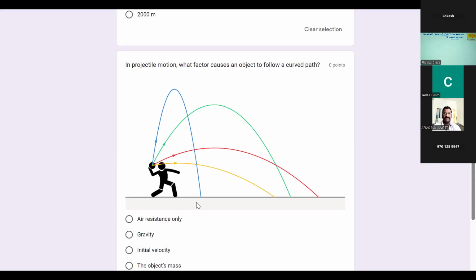Any other response? In projectile motion, what factor causes an object to follow a curved path? Air resistance only, or gravity, initial velocity, the object's mass? Which one? What factor causes an object to follow a curved path?